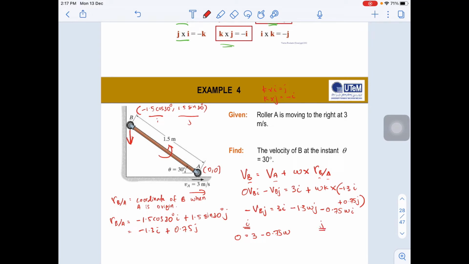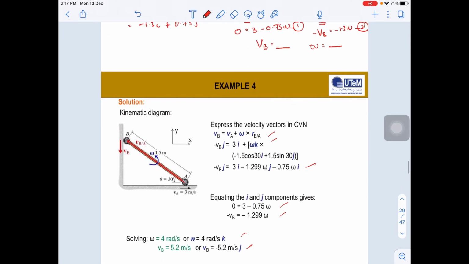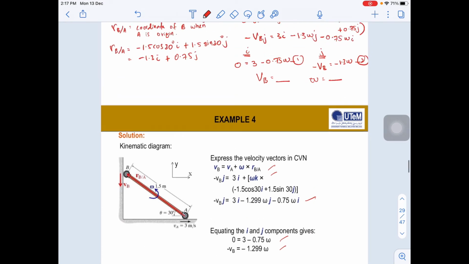For J, you have minus VB equals minus 1.3 omega. So you have two equations and can solve for VB and omega. You can see the answer on the next slide.